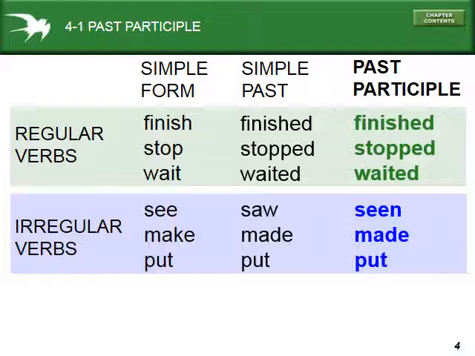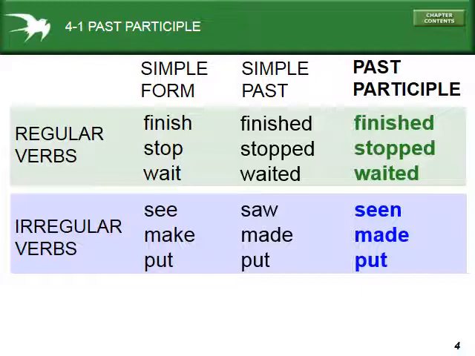So in this case, you actually have three different forms. The simple form is different from the simple past, is different from the past participle. With make, we have made and made. So the simple form is different, but both the simple past and the past participle are the same.